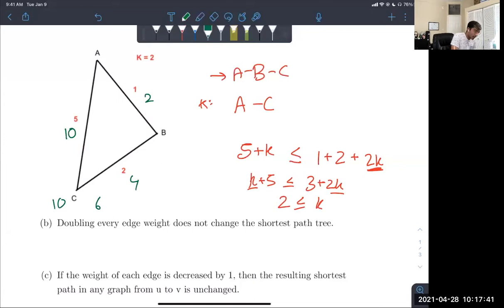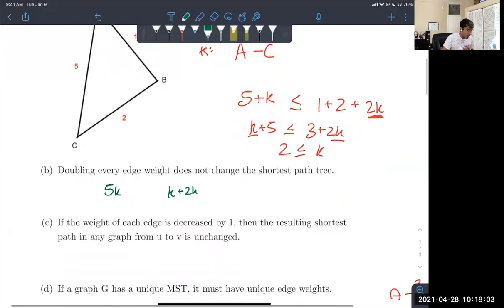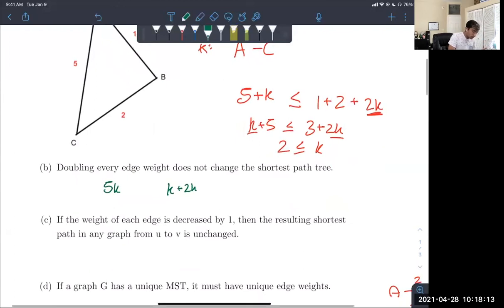So what that means is that if I erase these values, let's use our k value, like the mathematical understanding, again. So let's say 5k versus, we can say k plus 2k for the A, B, C path. Now, what we're trying to see is, is there any way that k can be a value that makes it less? What we can show through this is that k plus 2k would still be less than 5k.